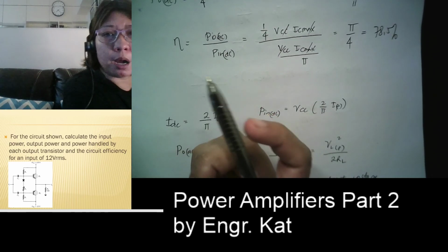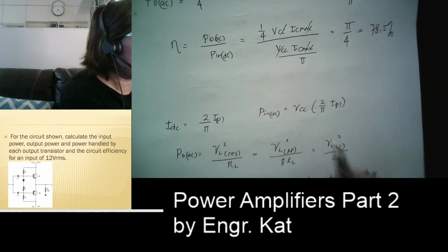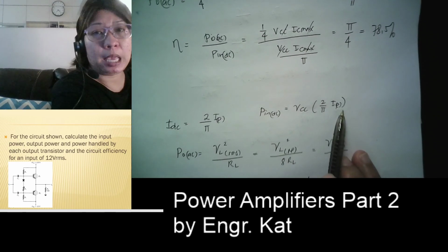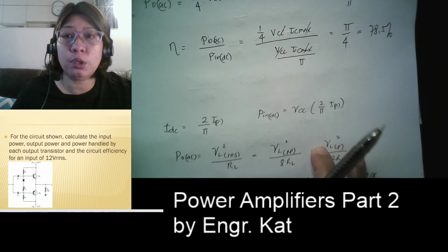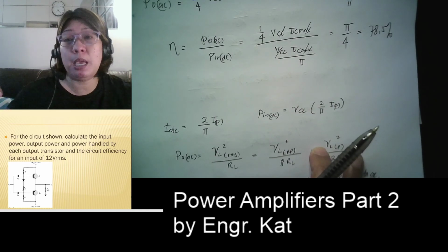So your PDC is given by VCC over 2 over pi multiplied by IP. Now, why 2? Because we now make use of two Class B amplifiers.